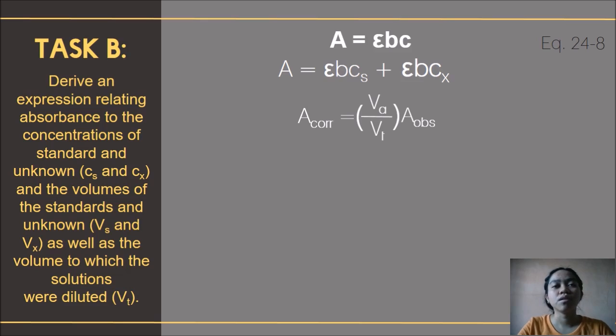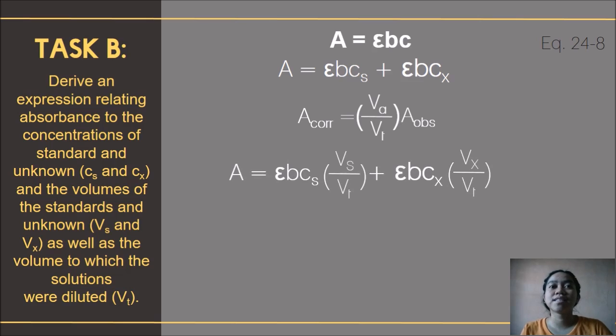We will now put this equation into the second equation that we have here. So we will have this. We just need to multiply the corrected absorbance into the second equation that we have.